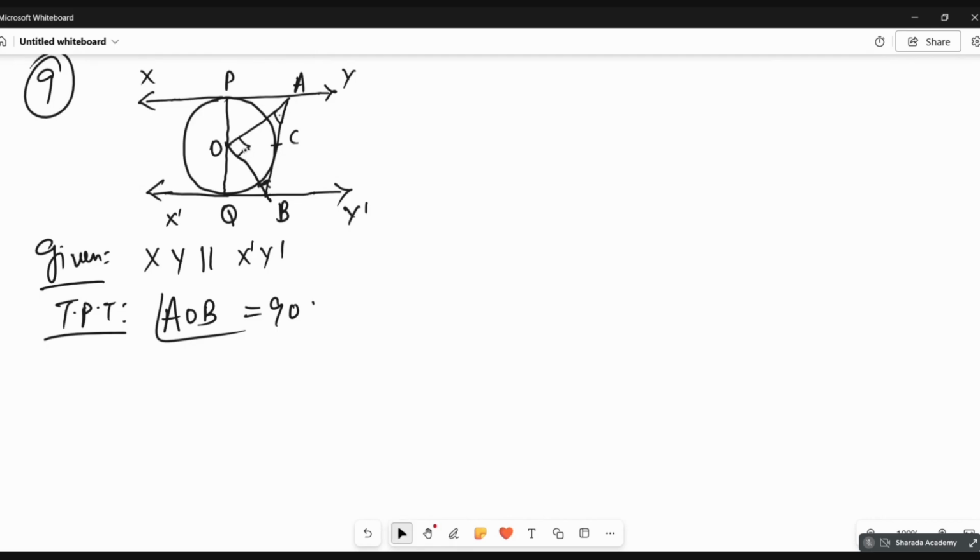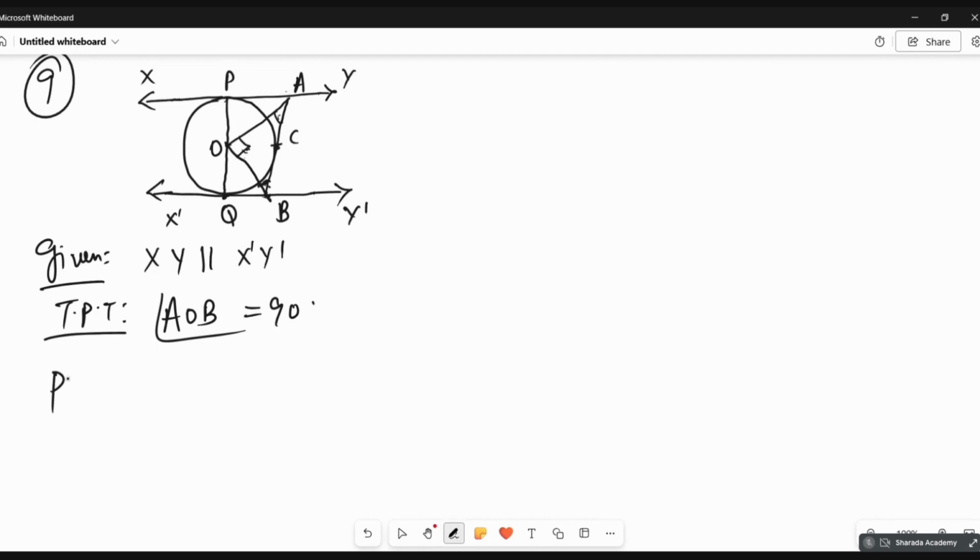Either directly I can prove, or if these two angles sum to 90 degrees, then this angle should also be 90 degrees because of the angle sum property. In this, what can we use? PA is equal to AC. And we have QB is equal to BC, because they are tangents from the same external point.